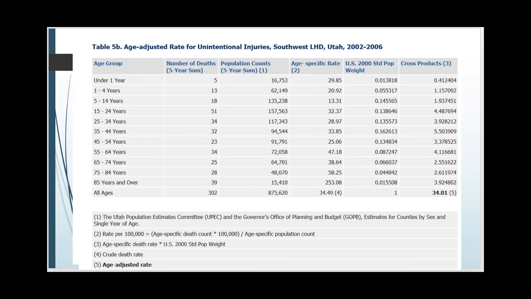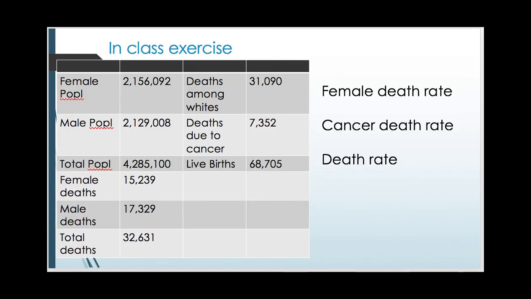Instead, we would take one of those years and age adjust it to a common census. So here you can see that the age-adjusted rate for unintentional injuries was adjusted to the 2002 population. So we take our 2006 rate and we adjust it to our 2001 population rate, and now we're able to make a fair comparison. And we will talk more about adjusting rates later.